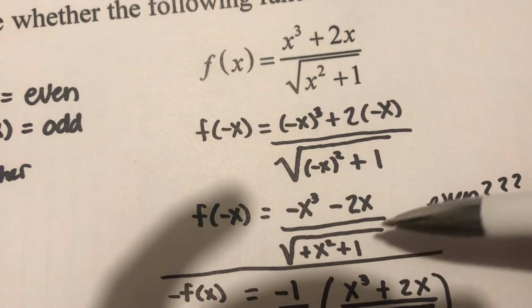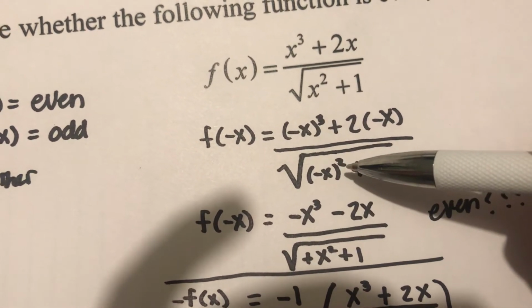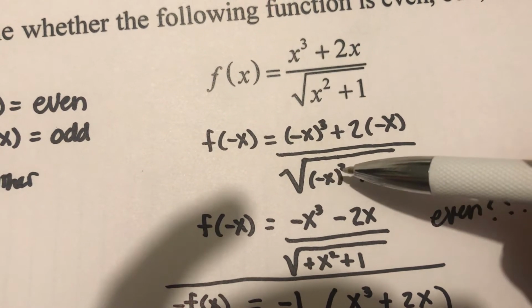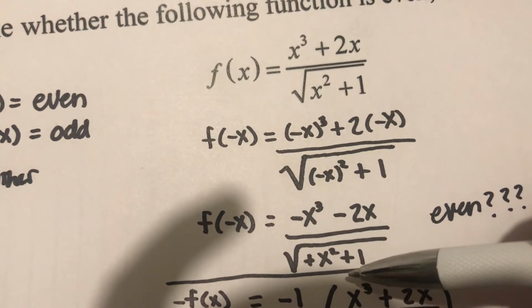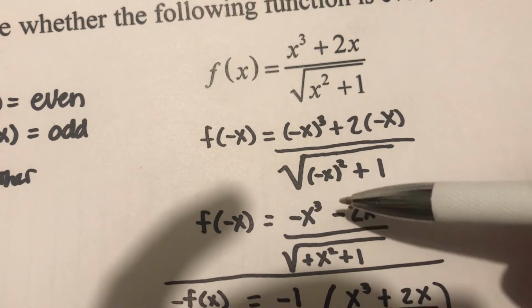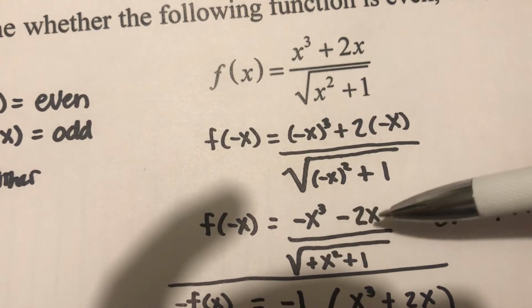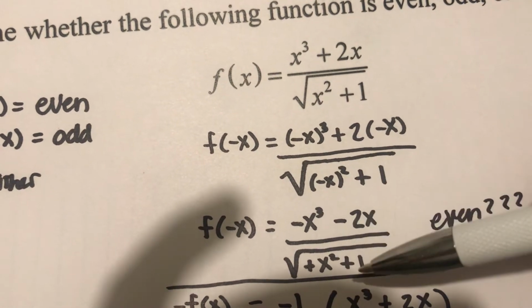And we're going to divide that all by negative x squared. Since it's raised to an even power, we know it's going to be positive. We're going to flip the sign there. So that's going to be positive x squared plus 1. And so we've got our equation here: negative x cubed minus 2x divided by the square root of positive x squared plus 1.